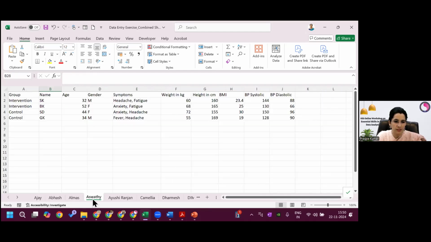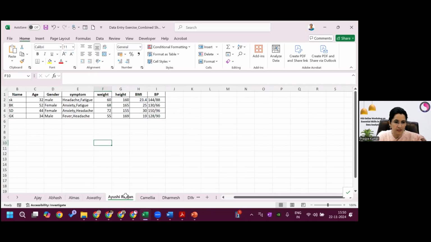Coming to Ashwathi, Ashwathi has written correctly except for these symptoms. She has put all symptoms in one, not separating them. Otherwise, all other data seems okay. Ayushi has entered BP together, both diastolic and systolic, and again symptoms together.